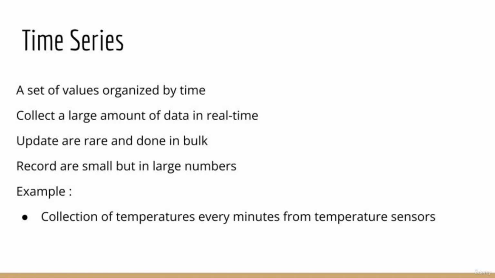Although the records written to a time series database are generally small, there are often a large number of records, and the total data size can grow rapidly. An example can be a data store for internet-connected temperature sensors. The collected data will be used to analyze temperature trends, and time series data type is the most suitable to store such data.